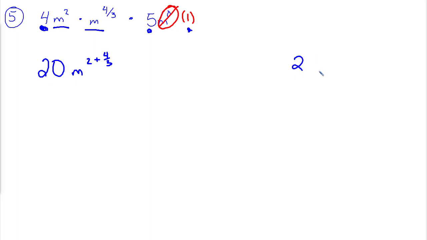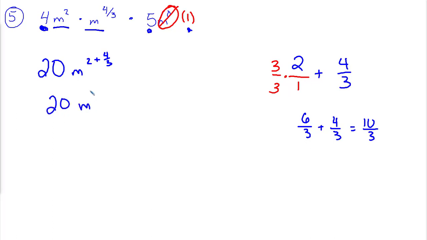And so 2 plus 4/3. I want this in the simplest fraction form, so I need to multiply to where we have a common denominator. I need the 3 in the denominator, so I need to multiply by 3 over 3. And so that gives me 6/3 plus 4/3, which is 10/3. So 20m to the 10/3.